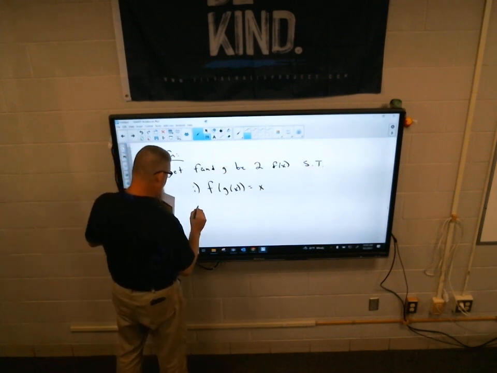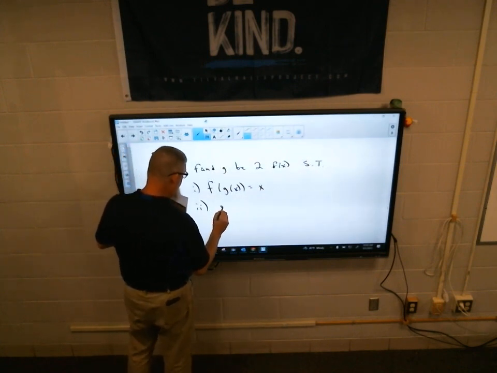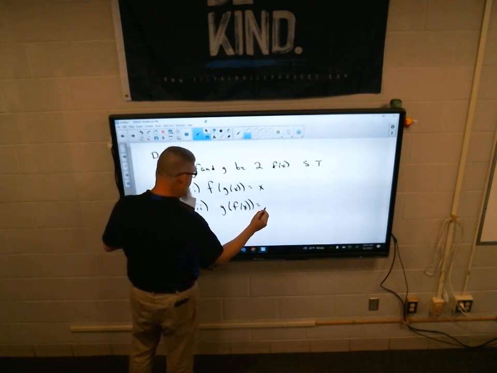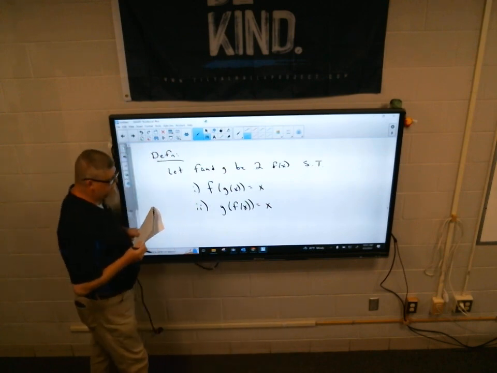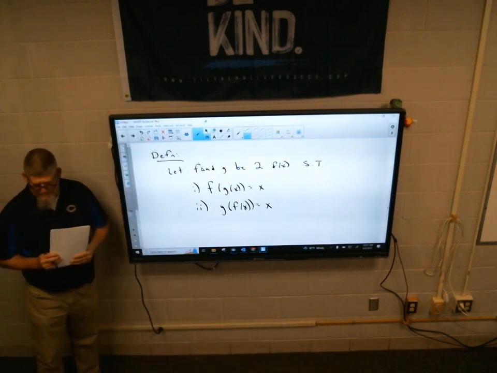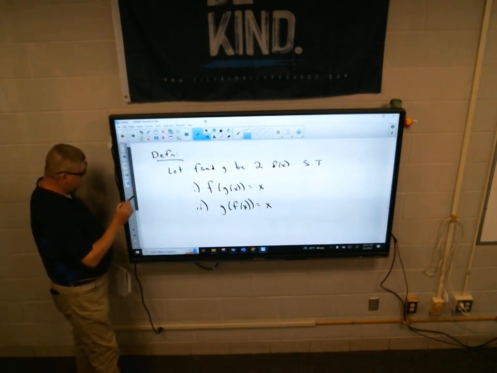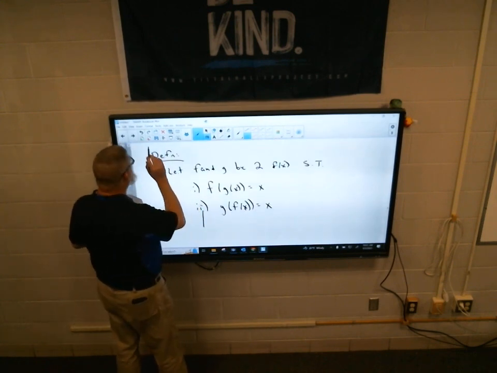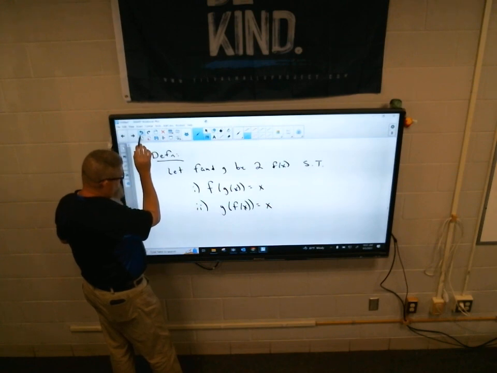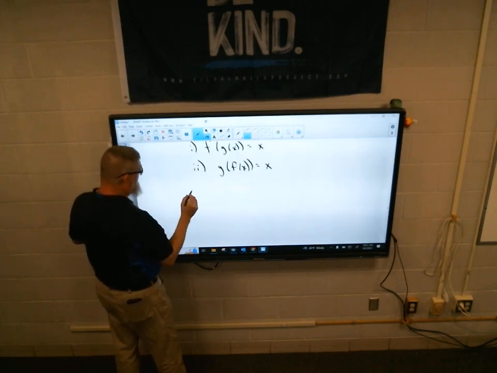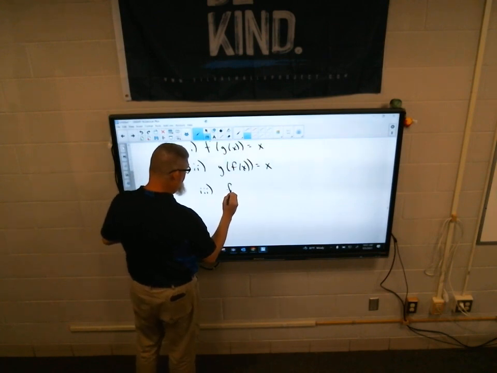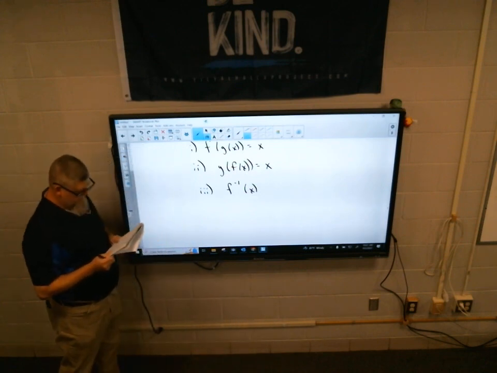And number two, g of f of x is going to equal x. And it's denoted f negative 1 of x.